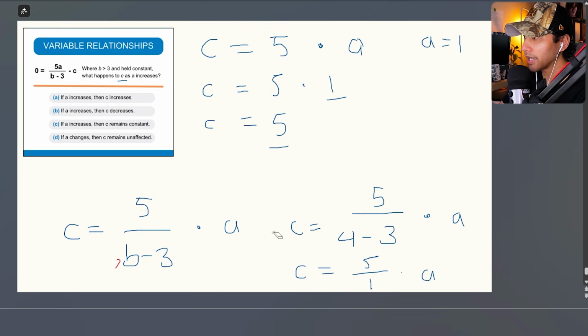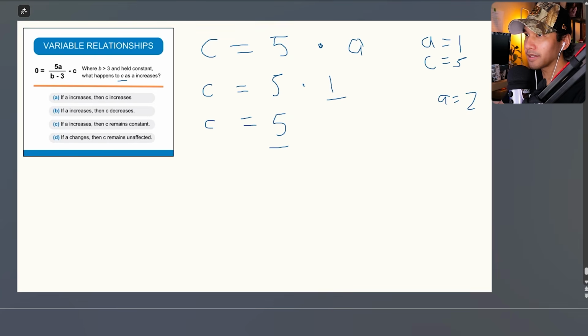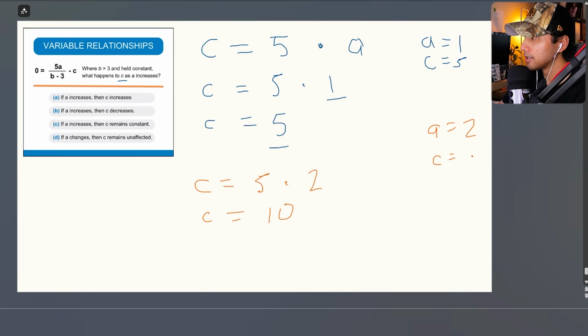Now let's keep going and substitute A with a higher number. Let's say A equals 2. When A equals 1, C equals 5. When A equals 2, C equals what? C equals 5 times 2. C equals 10.